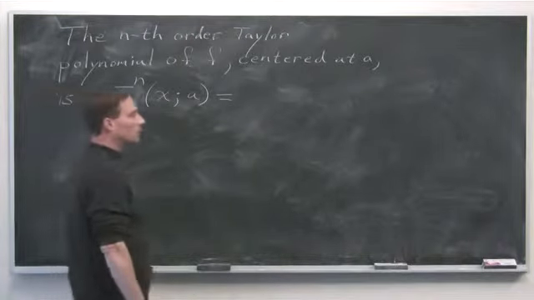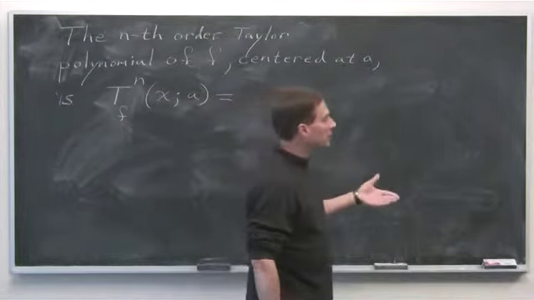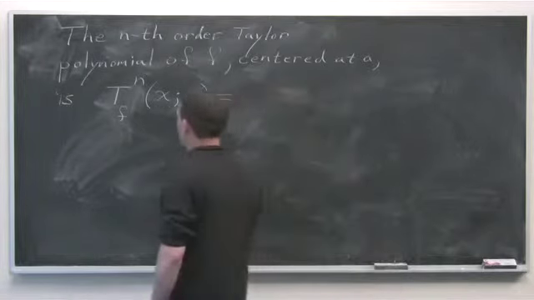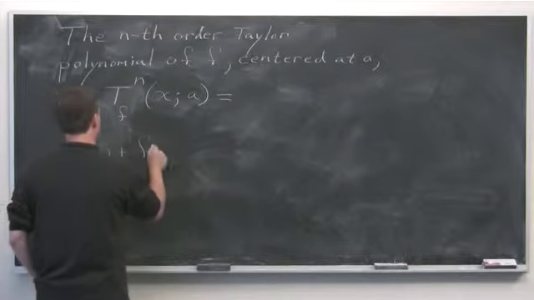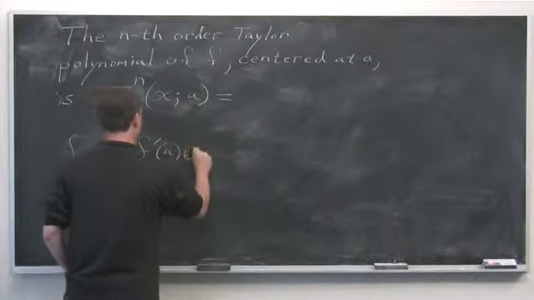So it is, we need b naught to be f of a. And then you get f prime of a times x minus a.